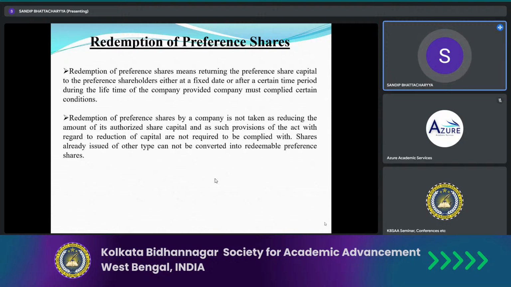In summary, the company should get back its preference share from the existing preference shareholder after a certain point of time at the given price. At what price it will be redeemed, we will proceed with later on. It is a very simple concept that you must appreciate: redemption of preference share means the repurchasing of share from the existing preference shareholders.